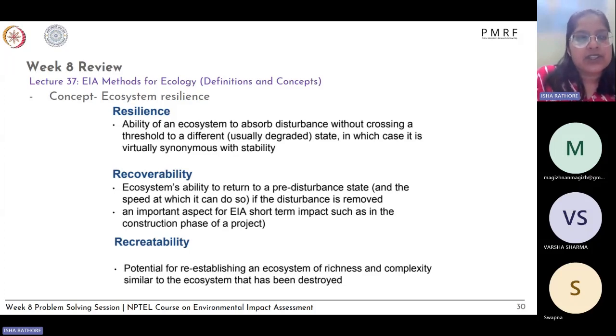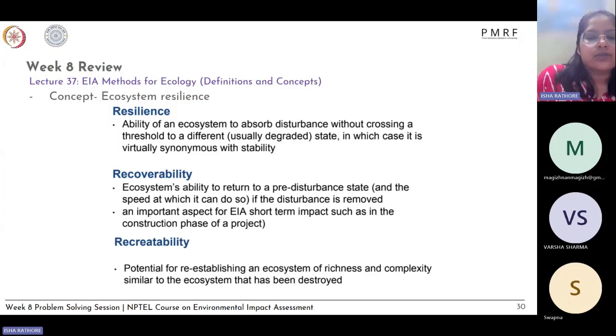And this is an important aspect for EIA in the short term, in assessing the short term impacts, such as during the construction phase, because you have a lot of construction, new materials which are introduced in the ecosystem, and they are just there during that construction stage. The cement might get mixed with the soil in the shorter term because you are mixing it together.